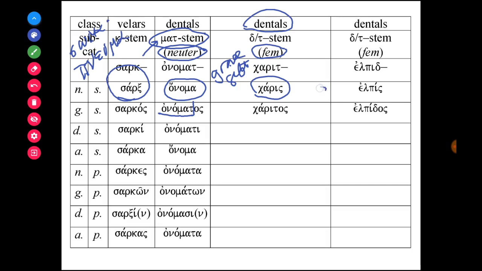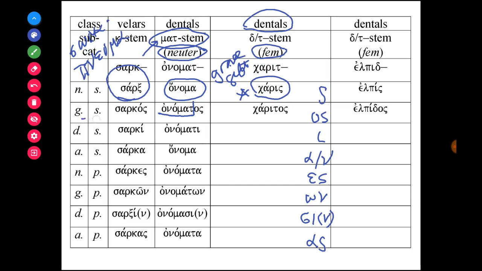For the nominative singular, it's sigma, then it's os, i, a or n, es, on, si(n), and as. And remember that even though the lexical form for this word is charis, the genitive singular form is where we find the stem.